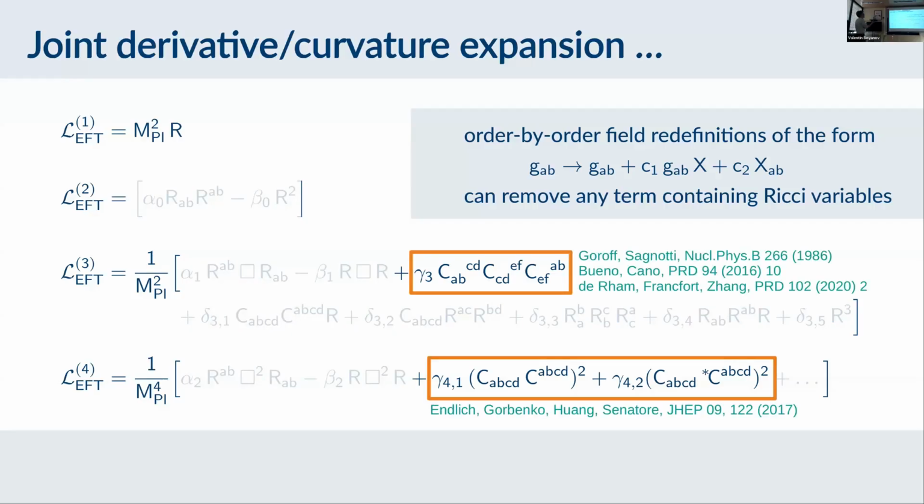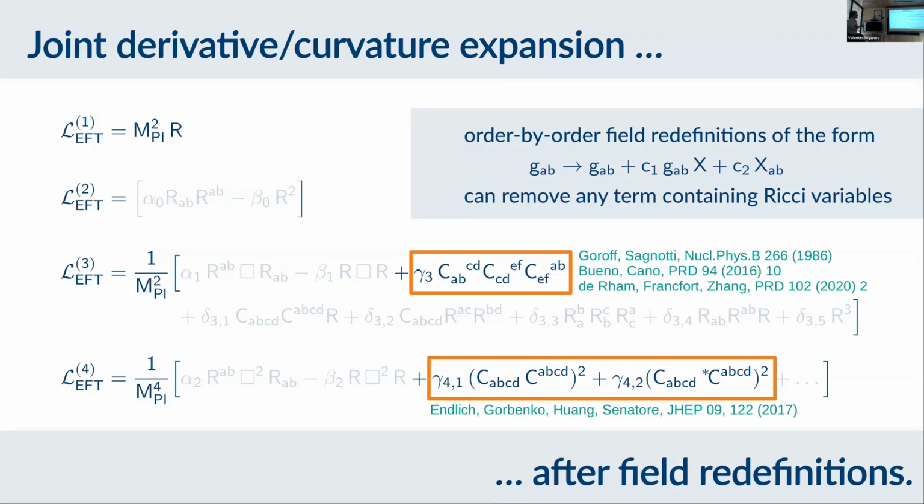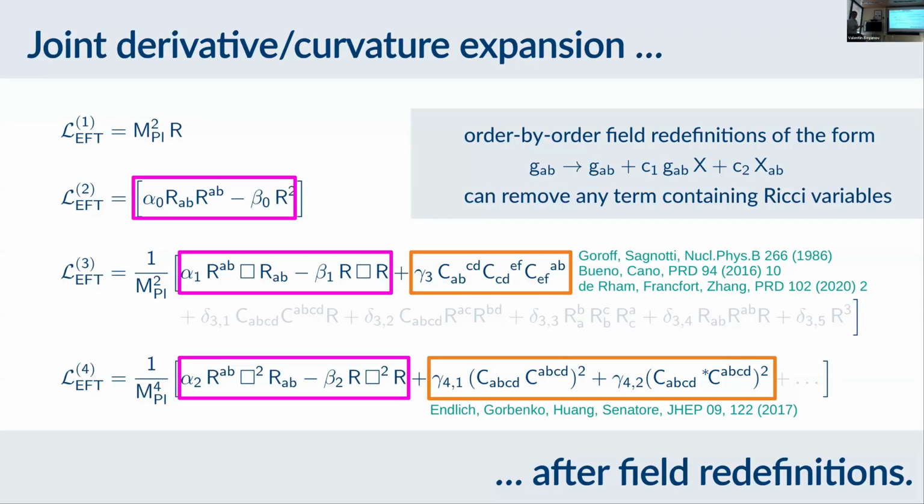So if I can perform these field definitions, I can just as well only remove part of these terms by field definitions and keep these terms. And you will see in the next part of the talk that these terms are the ones which are going to help with well-posedness. The reason is pretty simple to understand, because these are the terms which have the highest number of derivatives acting on a single metric.